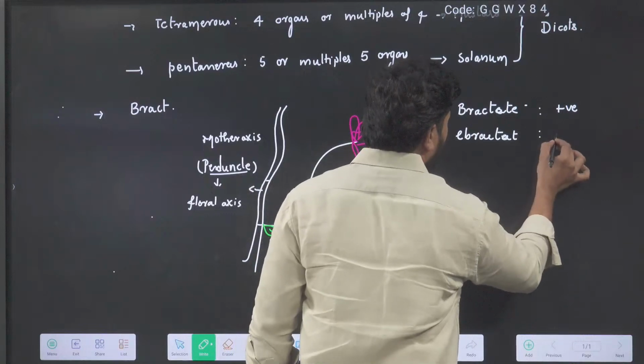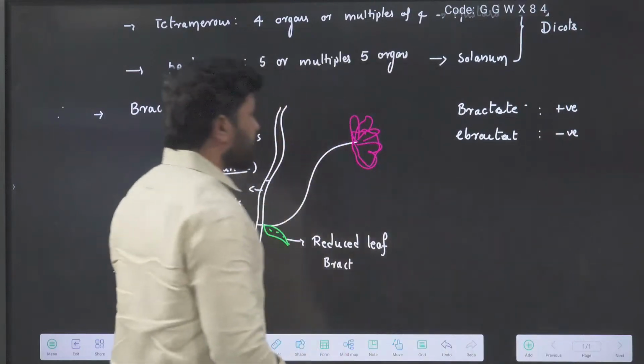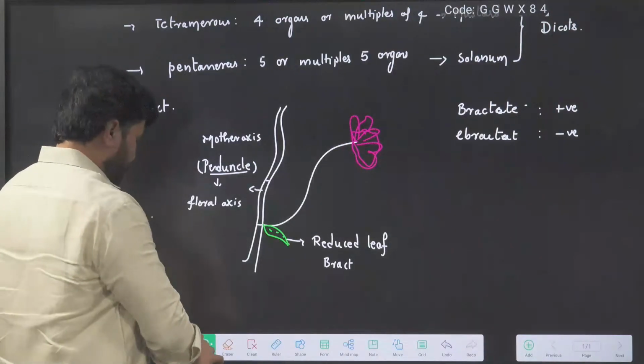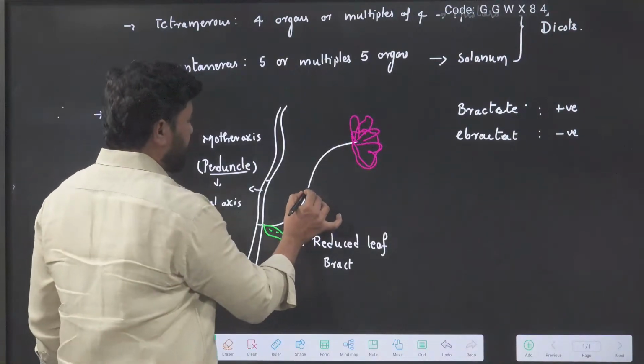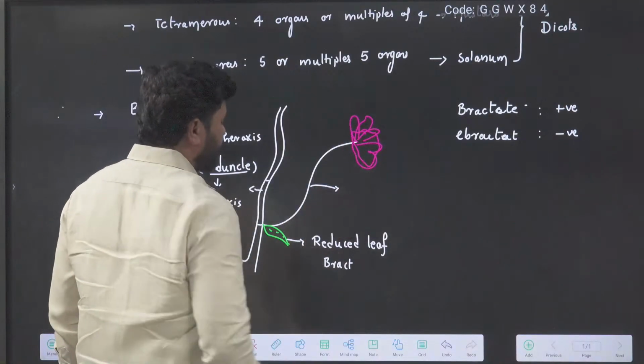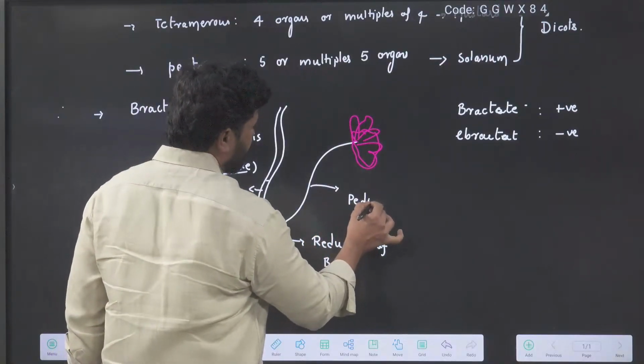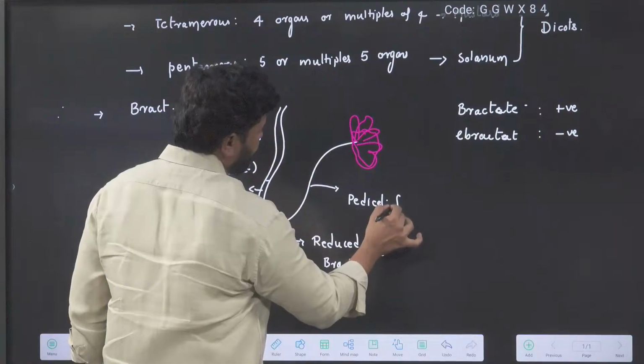If bracts are absent, the condition is called ebracteate. In that case, now tell me, what is this part from which the flower originates? This part we call pedicel. Pedicel is nothing but the floral stalk.